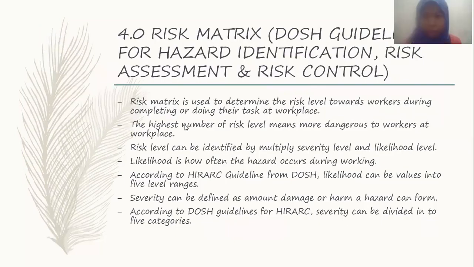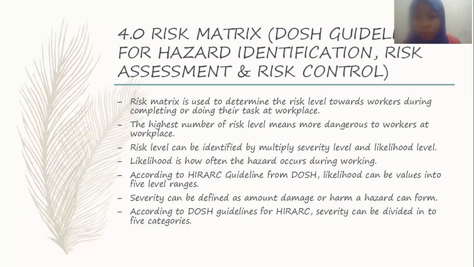Okay, so for the risk matrix, according to the DOSH guidelines for hazard identification, risk assessment, and risk control. Before we get into it, a risk matrix is used to determine the risk level toward workers while completing a task at the workplace. The highest risk level means more danger to workers at the workplace. Risk level can be identified by multiplying the severity level and the likelihood level.